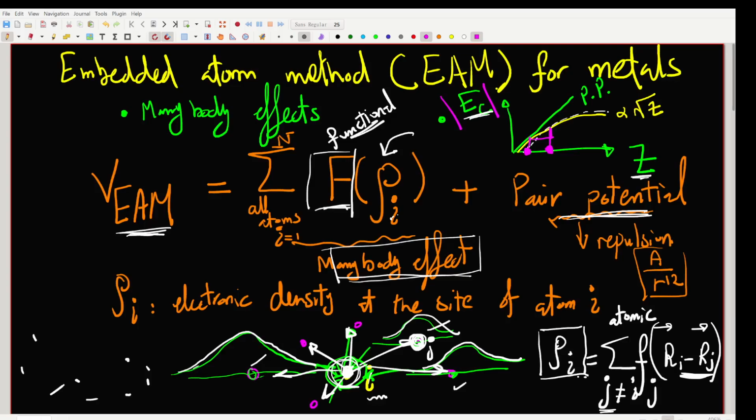While if you go from a larger Z, let's say 12 to 13, then the gain is actually lesser. You see there is a gain here, which is larger. There is a gain here, but it is lesser. So it's a nonlinearity thing, all right? That nonlinearity is reflected in this functional F.